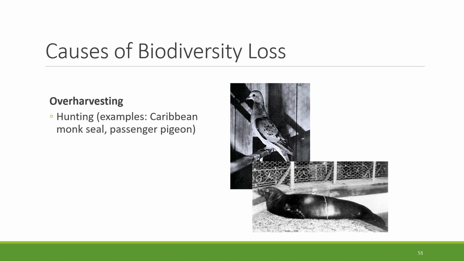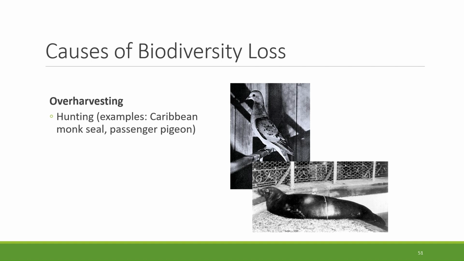Two examples you see here are the Caribbean monk seal on the bottom, which was hunted to extinction in the early 50s, and the passenger pigeon on the top, which was previously native to North America. It served as a significant food source for people until it was hunted to extinction in the early 1900s. The photo that you see here of this particular bird was taken in the very late 1800s. The last passenger pigeon died in captivity in 1914.